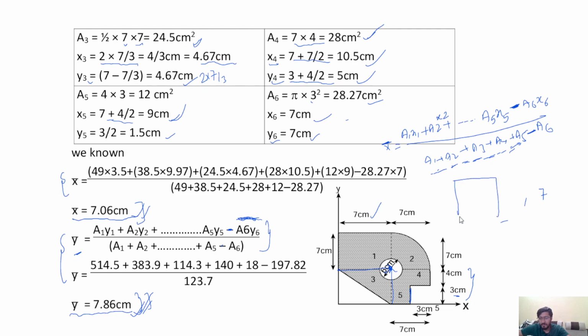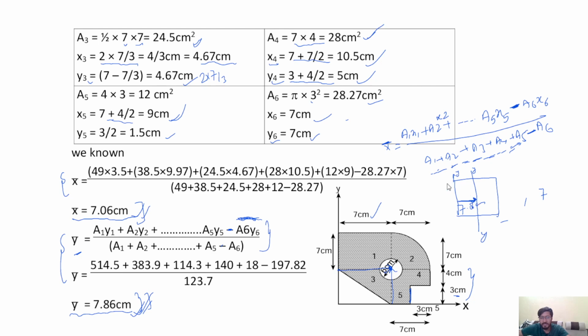If we consider this body, the centroidal x distance is 7.06 cm, meaning from the reference y-axis, 7.06 centimeter is the distance of the centroid.